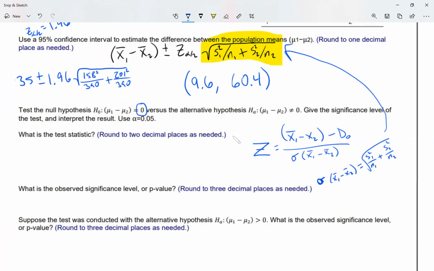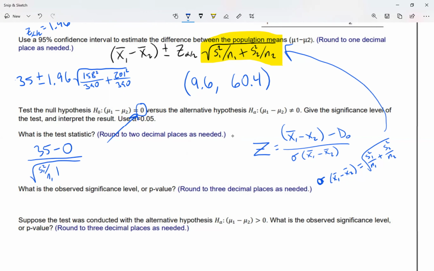X, see the difference is going to be 35 minus 0. Again, my 0 comes from here. Divide this by the square root of S1 squared divided by N1 plus S2 squared divided by N2.